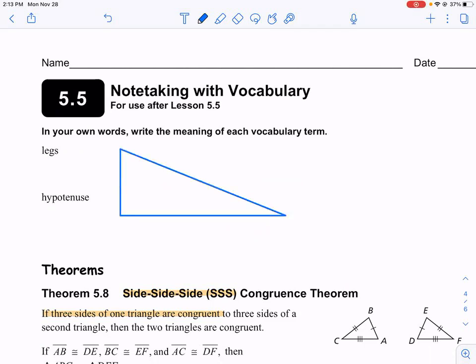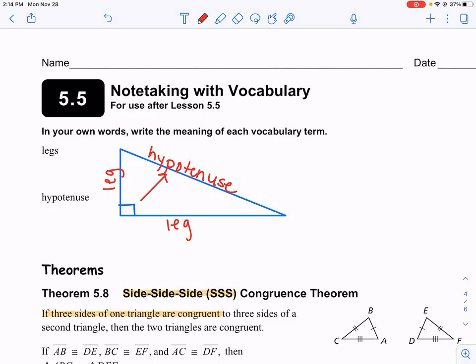Now, real quick, we're gonna draw a right triangle. How do I know where the hypotenuse is? It is across from the 90-degree angle, and it's the longest side. Only a right triangle has a hypotenuse. The other sides are called legs.